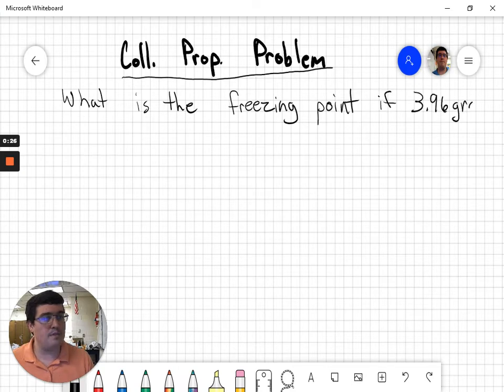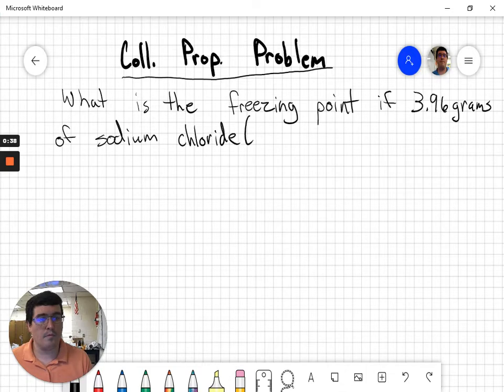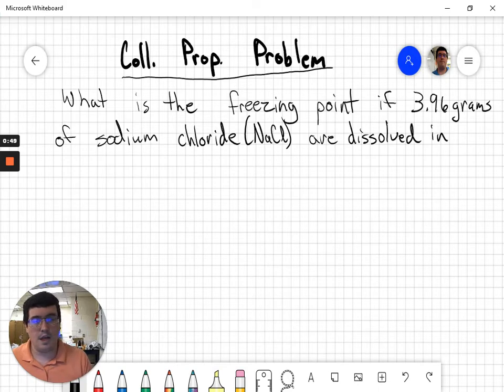3.96 grams of sodium chloride, which is NaCl, are dissolved in, we'll say, 345 grams of H2O.